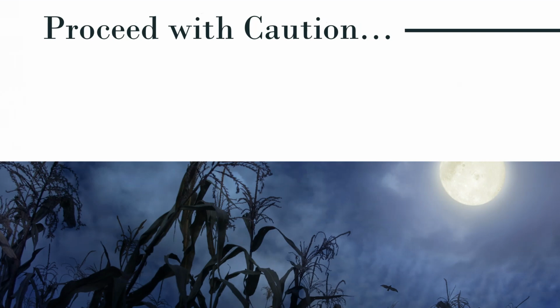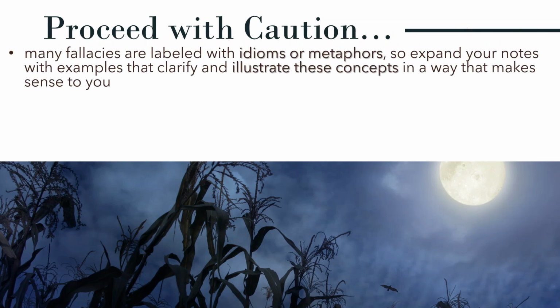As we start to look at the examples for each kind of fallacy, I'd like to introduce a word of caution. Many fallacies are labeled with idioms or metaphors or figures of speech. So it will help in your notes if you expand upon what you see just here in the slides to add some kind of examples that can clarify and illustrate these concepts in a way that makes sense for you.